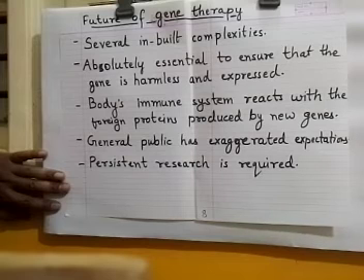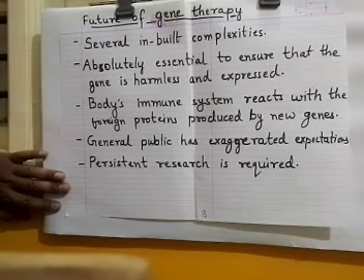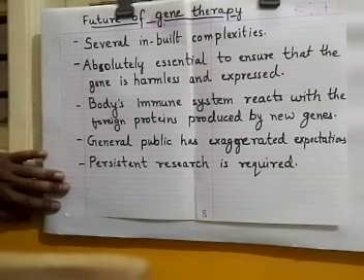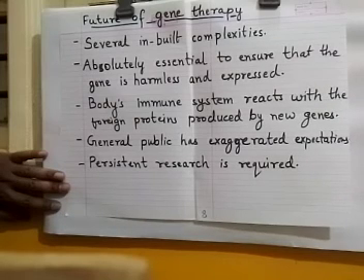The first one is it is absolutely essential to ensure that the gene is harmless and is expressed. If the gene is producing any harm to any other metabolic pathway, then the desired result will not be obtained. Or if the gene is overexpressed or underexpressed, then also the desired result will not be obtained.